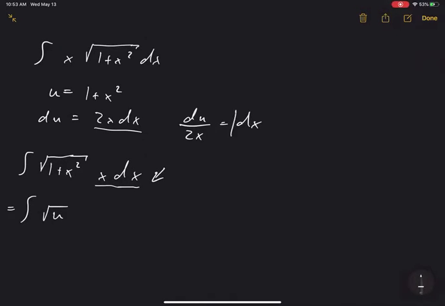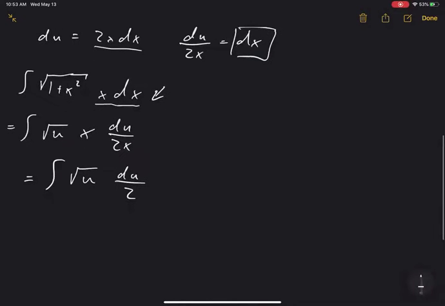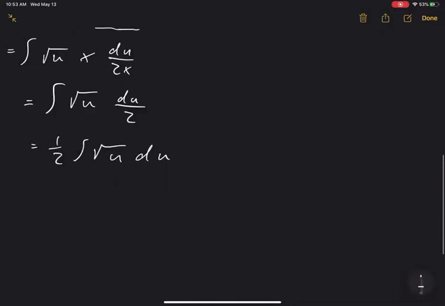I just say, okay, dx equals du over 2x. I leave the x where it is. I replace dx with du over 2x. The x's cancel. I can bring that 1/2 outside to get this indefinite integral, which I can then solve.